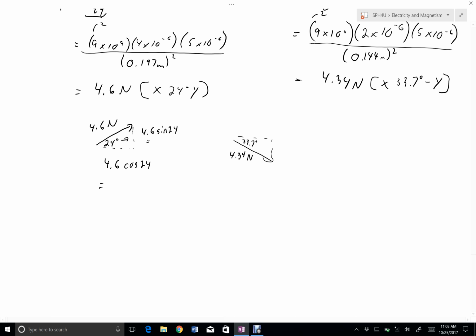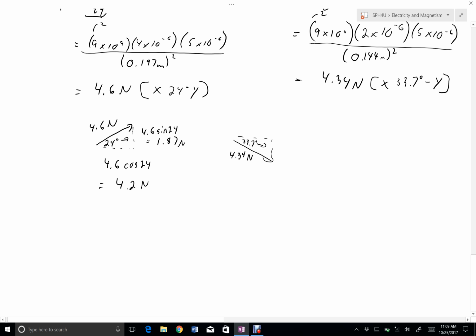Whoa, let's try that again. Oh, 4.6 sine 24 is 1.87. That makes a little bit more sense. Newtons in the y direction. 4.6 cos 24, not 20, 24, is 4.2 newtons in the x direction.